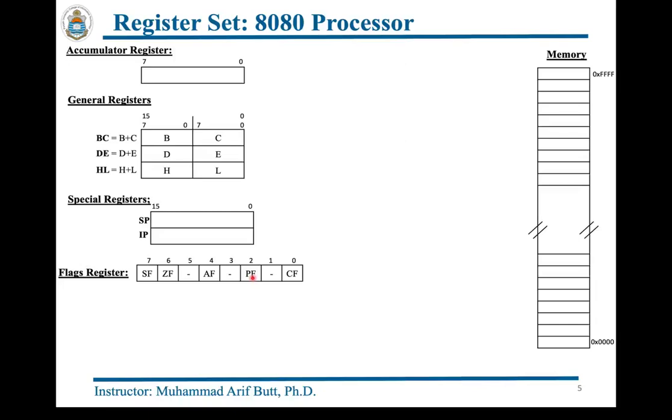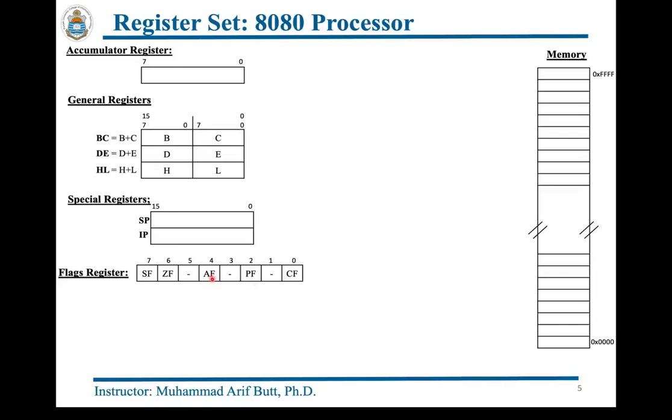Well, dear students, in early processors, this parity was used for checking data in data communication environments. Today, parity checking is accomplished by data communication equipment instead of the microprocessors. So this parity flag is not much of usage these days. Bit number 4 contains the auxiliary flag.